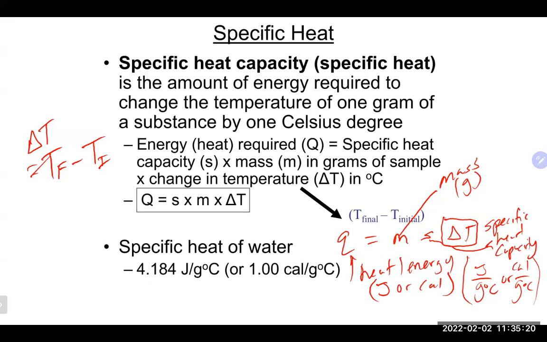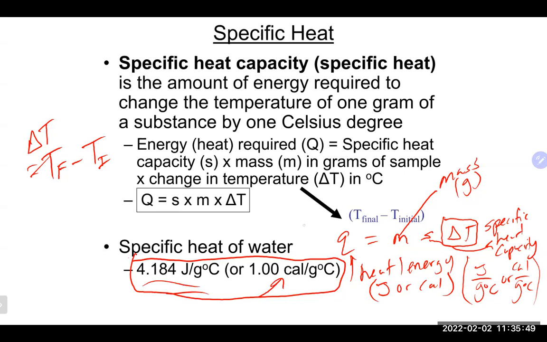Important couple of values: specific heat of liquid water, again, not negative, that's just from PowerPoint, is 4.184 joules per gram per degree Celsius, or 1 calorie per gram per degree Celsius. So these two numbers definitely we come across a lot or use a lot. A lot of times we use the joules, but calories are used a lot as well.